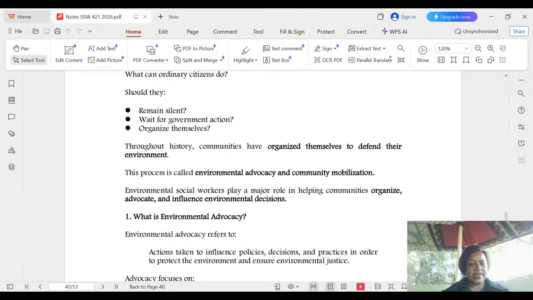One of the networks that is going to assist you in advocacy in environmental social work are the policymakers that I've mentioned: at county level, the MCAs, and at national level, the MPs and others. Because they have a lot of influence in the making of the policies. A lot of times, let's say you see an MP on TV proposing a policy, they will have gotten the information about the community from professionals like yourselves.